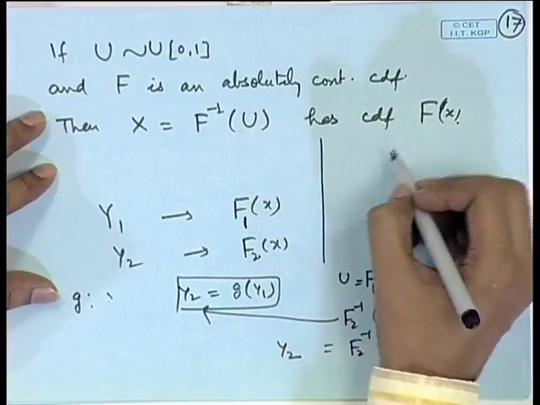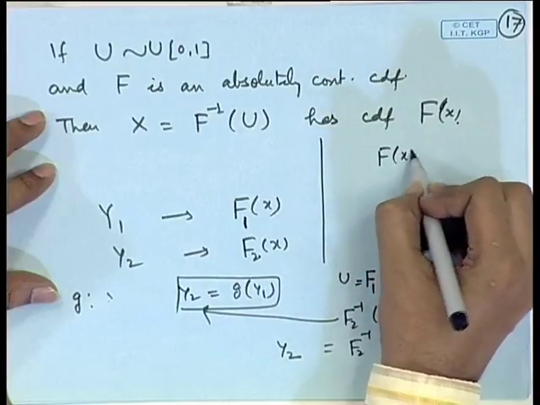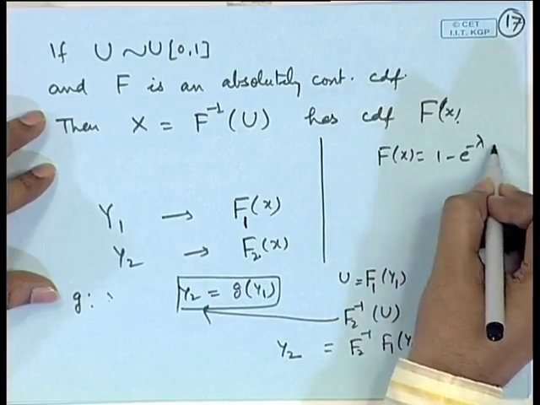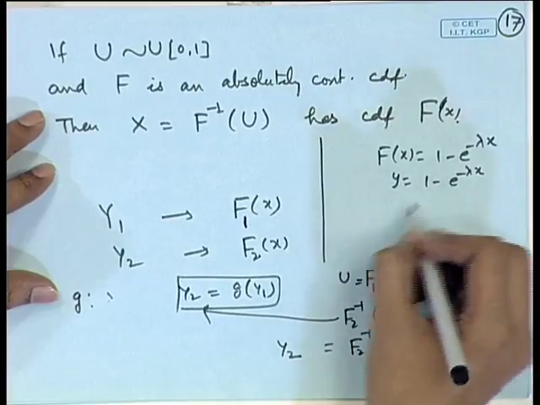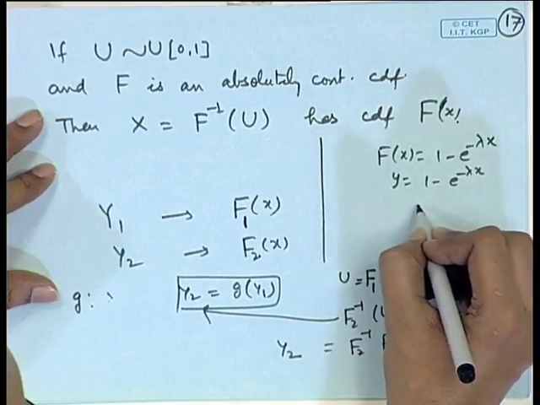Now, if we are having the exponential distribution, so the CDF of that is known, that is capital F is known. So, we take F inverse of that. So, suppose I consider F(x) is equal to 1 minus e to the power minus lambda x. So, if y is equal to 1 minus e to the power minus lambda x, the inverse function can be obtained.